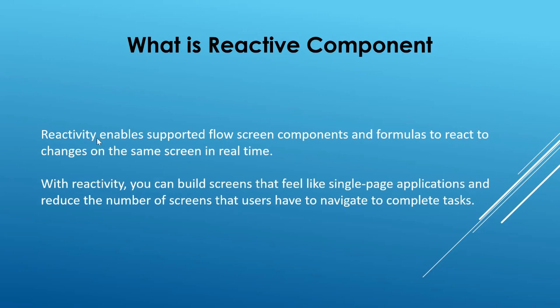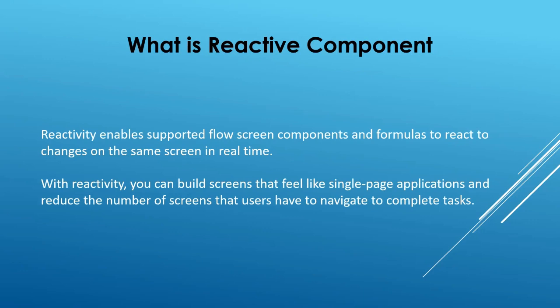But this reactivity enables supported flow screen components and formulas to react to changes at the same time, on the same screen, in real time. Normally when we fetch the records, when we get the data, we usually redirect to the next screen element in order to see the calculation, if we have added any functionality or used any formula.